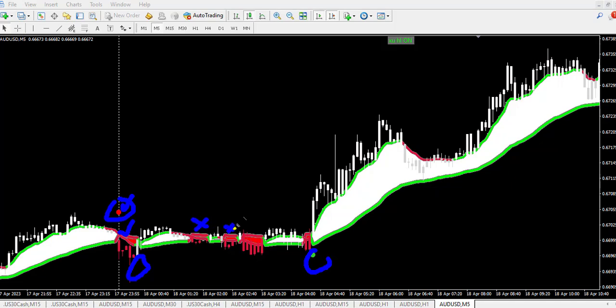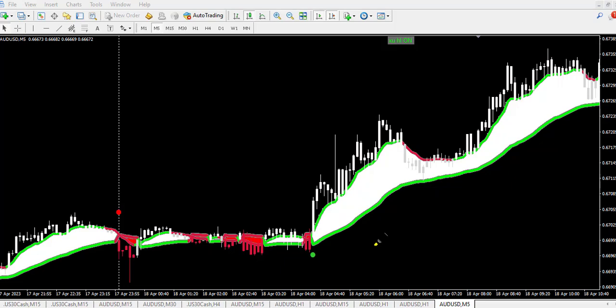Around this point we have like 6 trades, 1, 2, 3, 4, 5, 6, that will have ended up losing if we used only this indicator alone, and that is why it is necessary that you combine one or two, at most three indicators together and use them to trade.